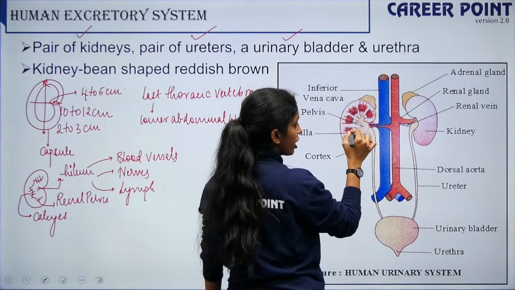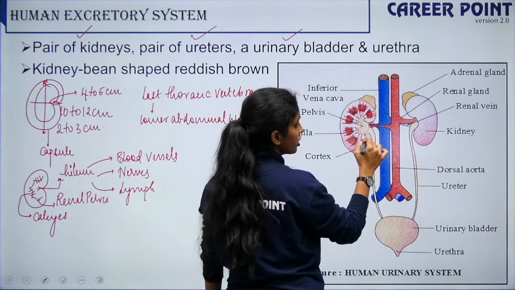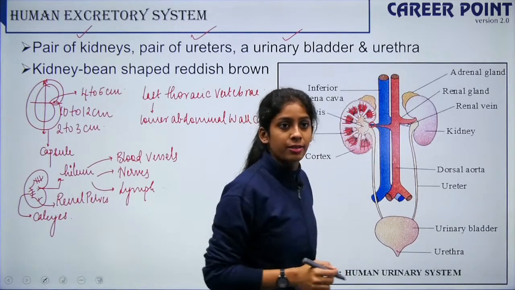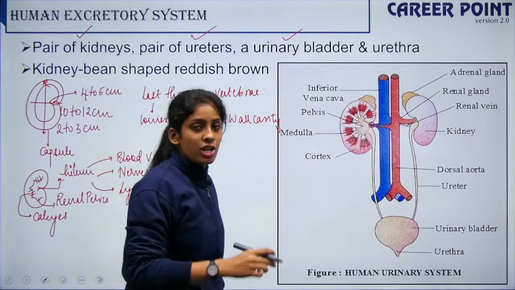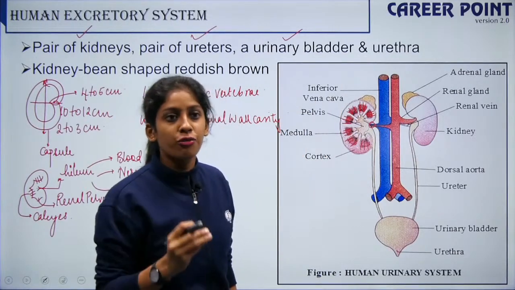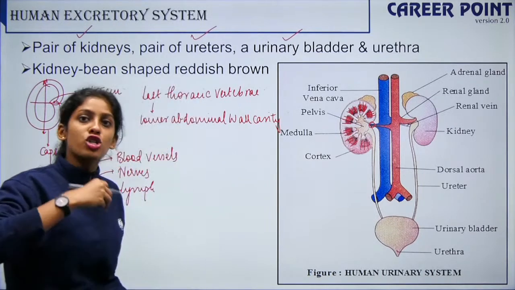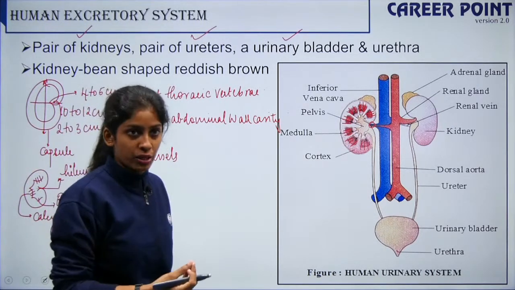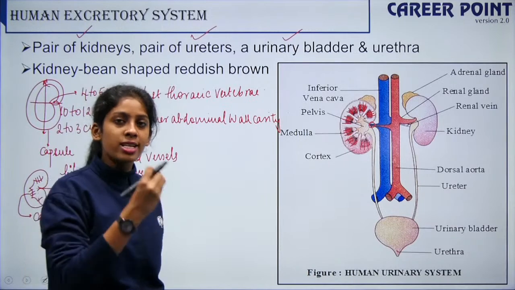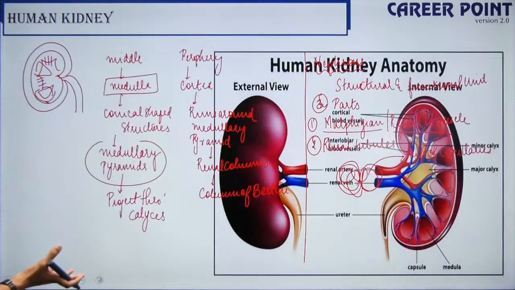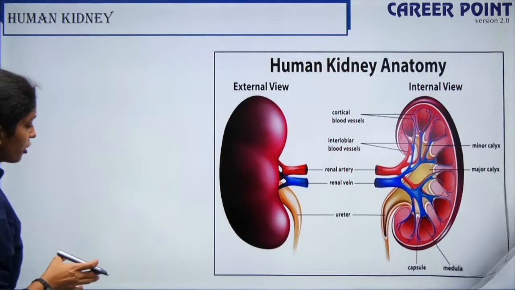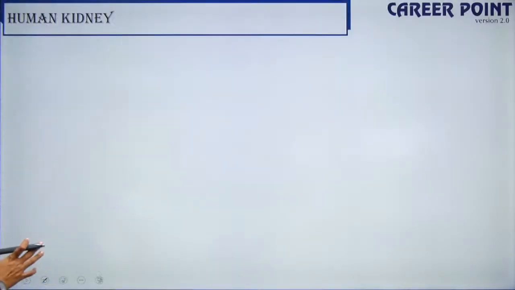These structures are calyces. They are projections of the renal pelvis, which is present in the renal medulla region. Let's continue here to avoid confusion.